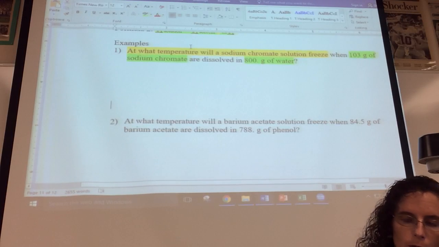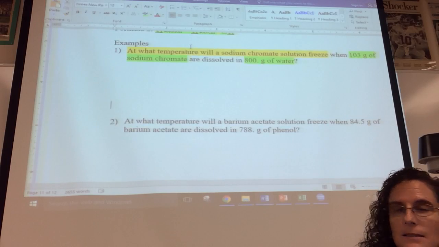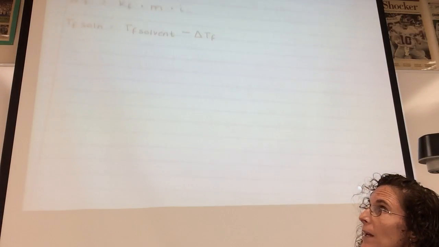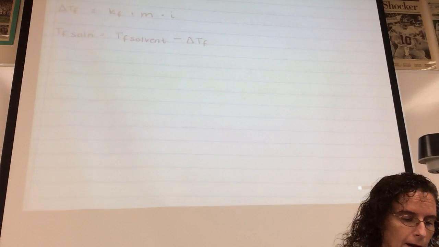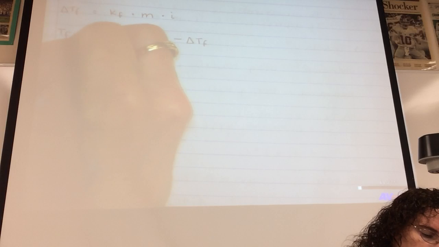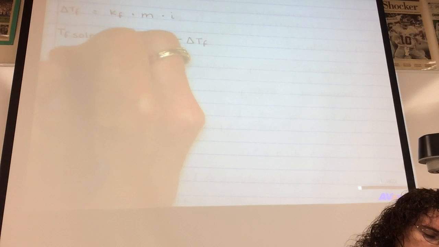It's grossly similar to what we did last time. In regard to our pertinent information, our formulas are there. We want to know the freezing point of the solution. That's what we're looking for.